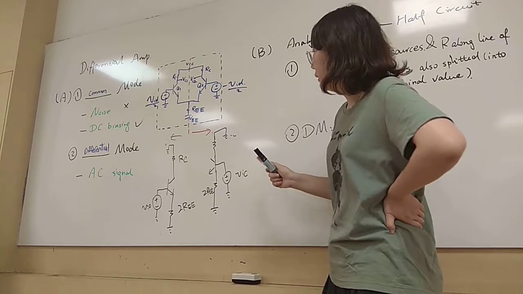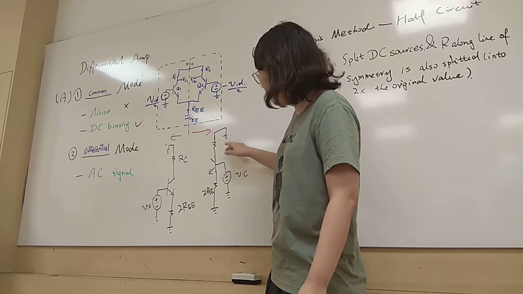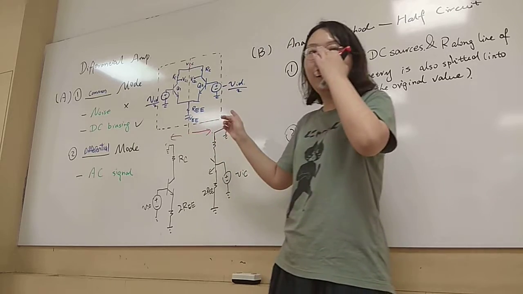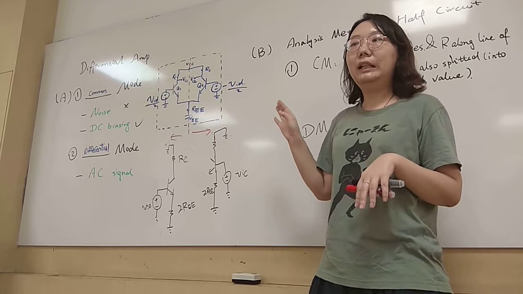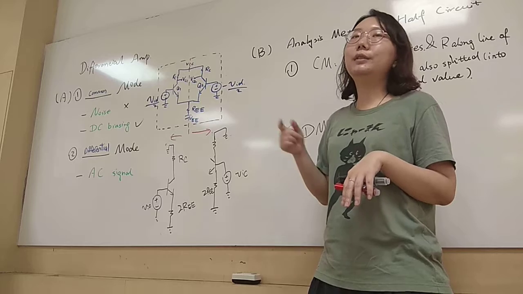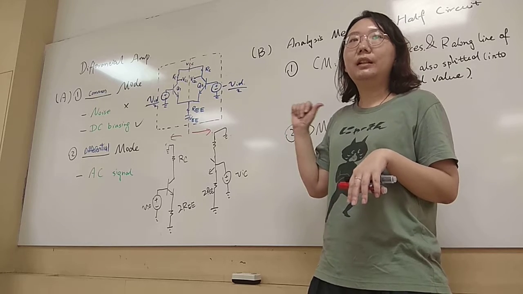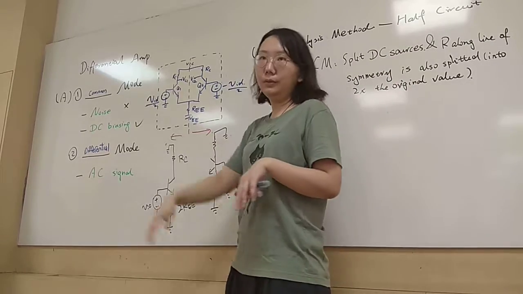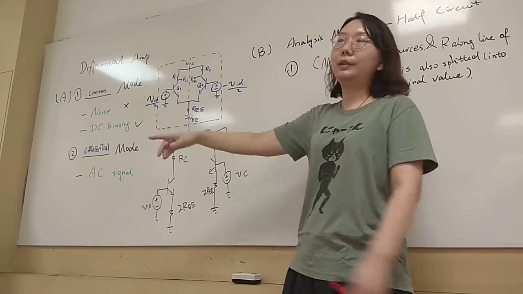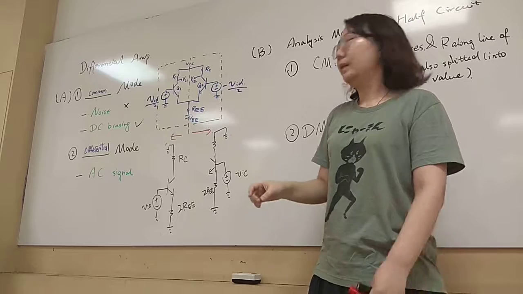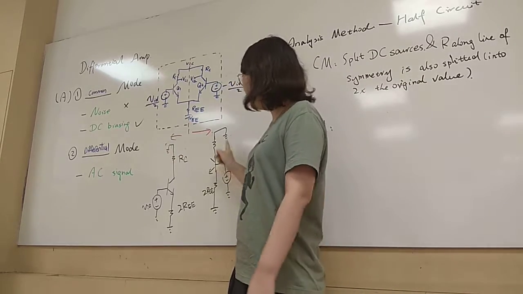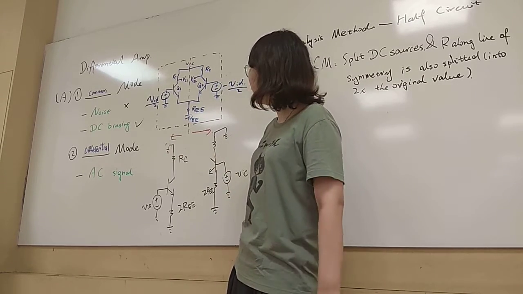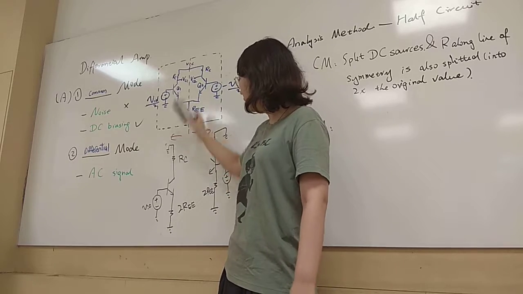So this grounded thing is actually coming from your AC analysis. It is actually not the rule of your half circuit analysis method. Half circuit is about how we split your differential amplifier. Okay, so after doing this, how do we split the circuit? How to split the circuit?